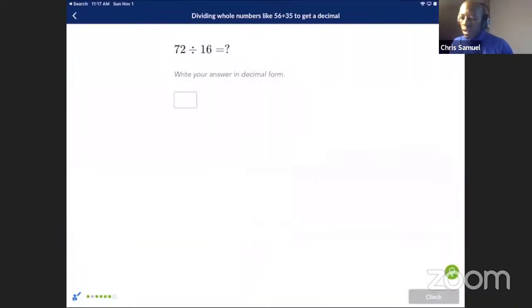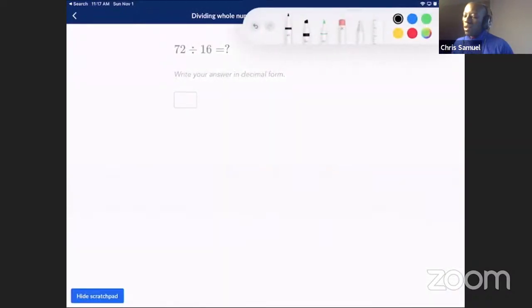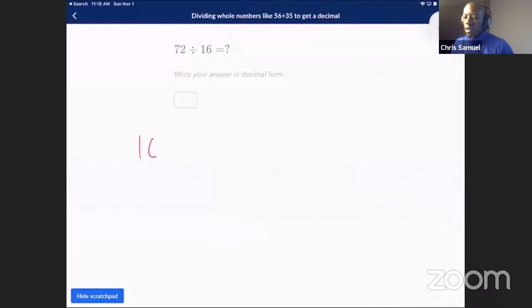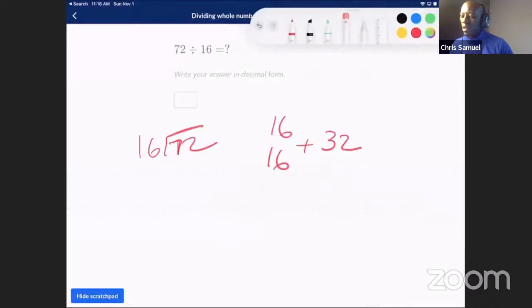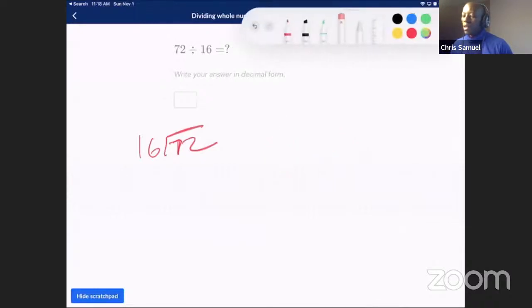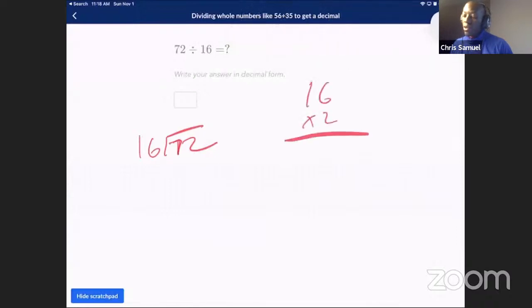Now we have the same thing here, where we had 72 and 16, which is pretty much saying 16 divided by 72. We could say 16 times 2 is 32.